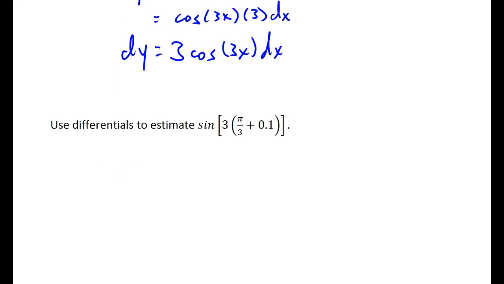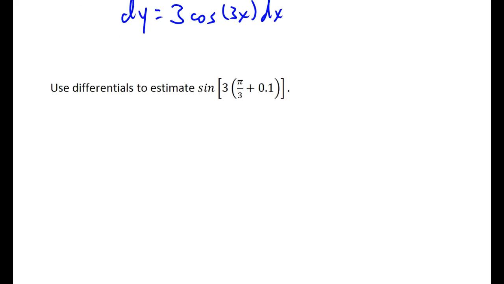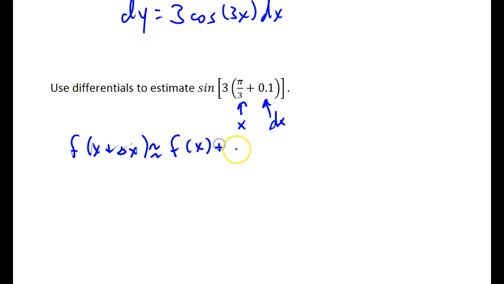So let's apply this to an example. Let's use differentials to estimate the sine of 3 times (pi over 3 plus 0.1). So we'll let pi over 3 be x, and the 0.1 is the tiny change in x, so that'll be our dx. Okay, so f of x plus delta x is going to be approximated by f of x plus f prime of x dx.